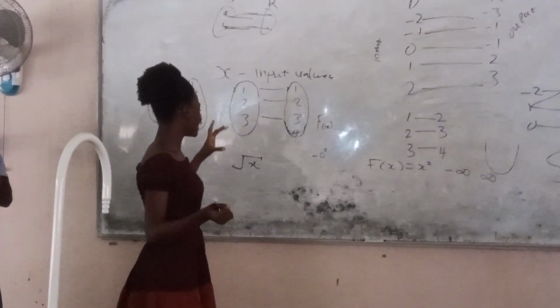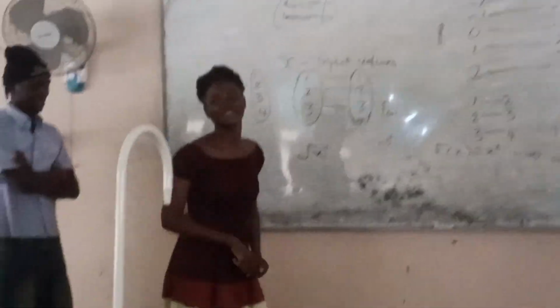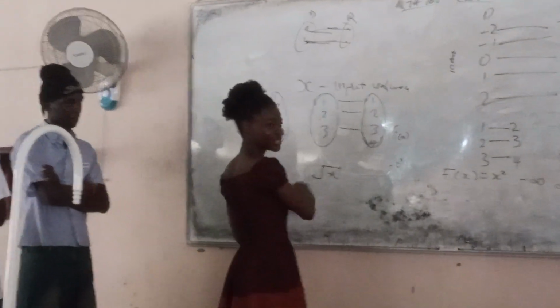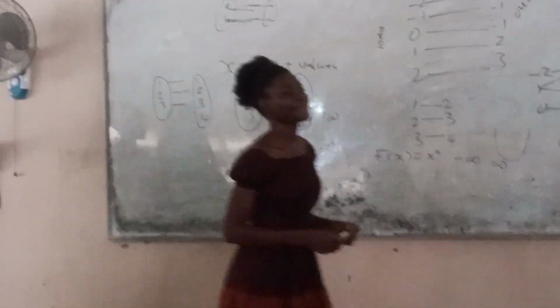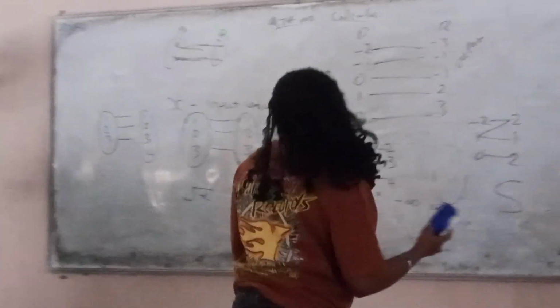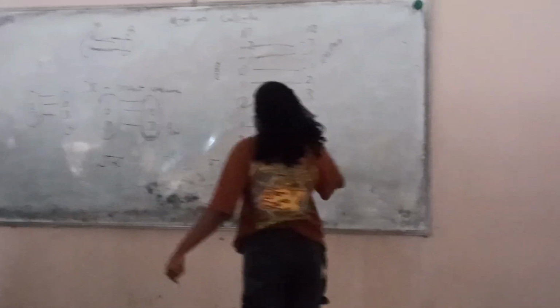He said that we should not use any value that will give us a complex number. Can you go there and tell us all that you have learned? Yes, it's okay.